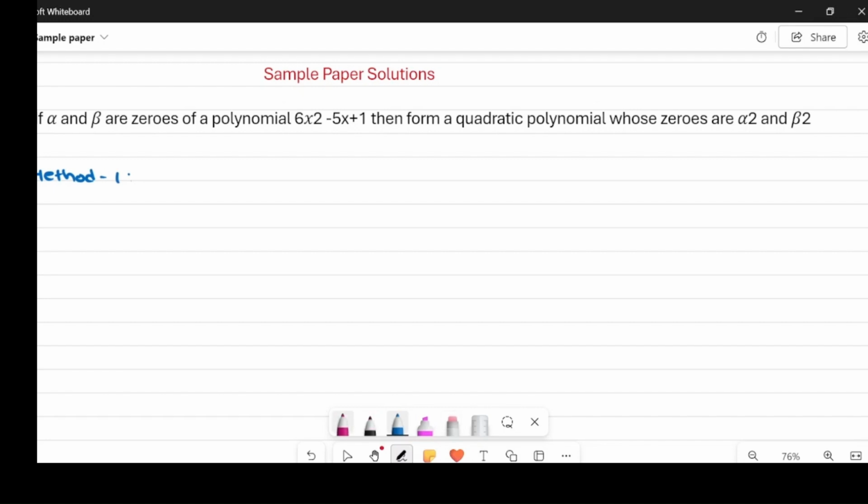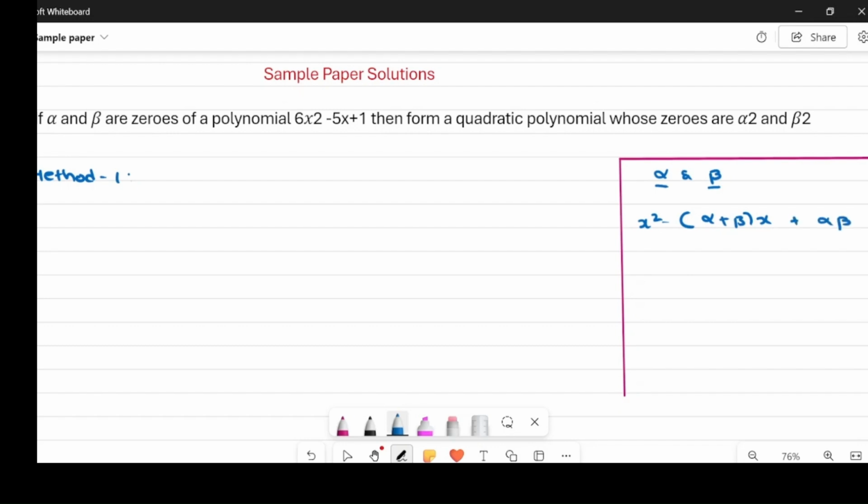Okay, so before starting this, we'll see what concept we need in order to solve this question. In general, if alpha and beta are zeros of the polynomial, then we can form a quadratic polynomial as x square minus the sum of the zeros into x, plus the product of the zeros. Here, the sum of the zeros is alpha plus beta and the product is alpha beta.